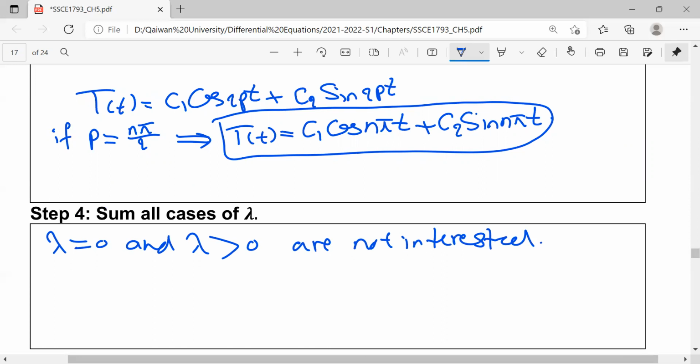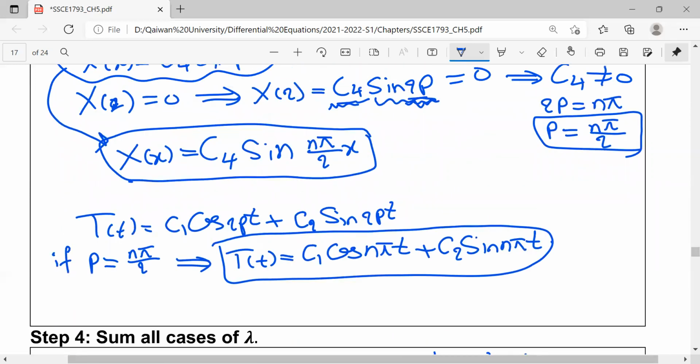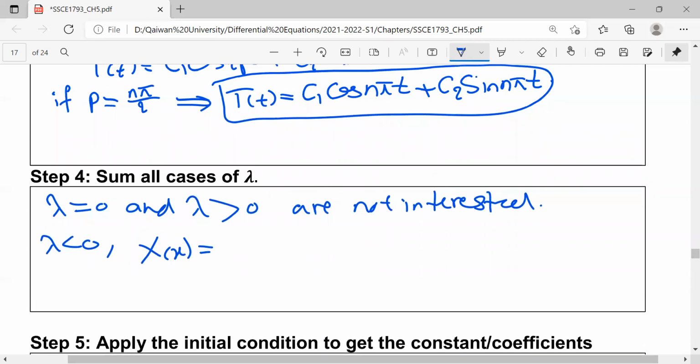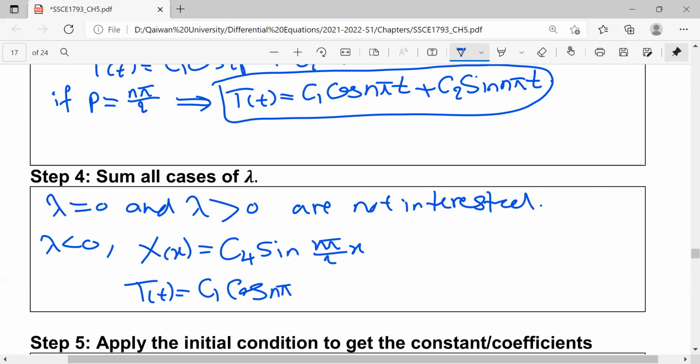These are not interesting. But if lambda is less than 0, we get these two solutions. X of x equals C4 sine n pi over 2 x, and T of t equals C1 cosine n pi t plus C2 sine n pi t.